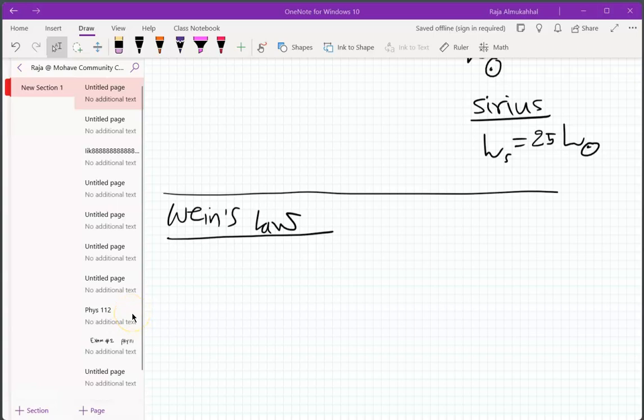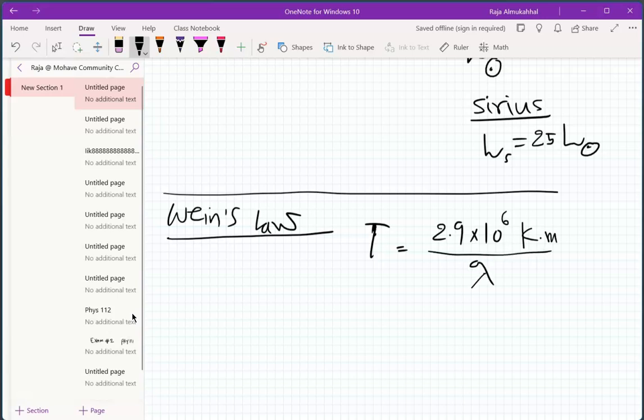Wien's law says that the temperature is equal to, there are different versions for it, by the way, so this is the version in our book, the temperature is equal to 2.9 times 10 to the 6 Kelvin meter over lambda, which is the wavelength, max. That's basically what the formula is.